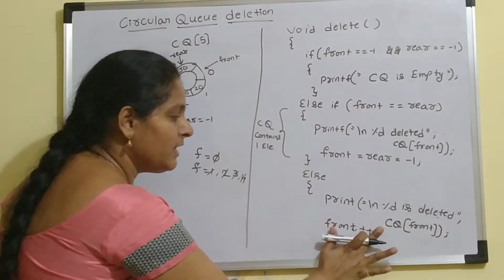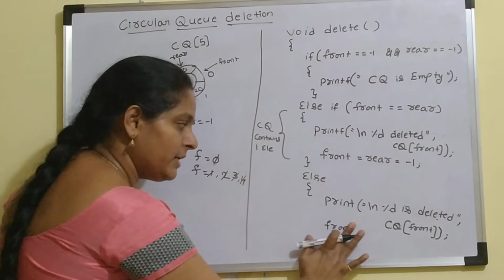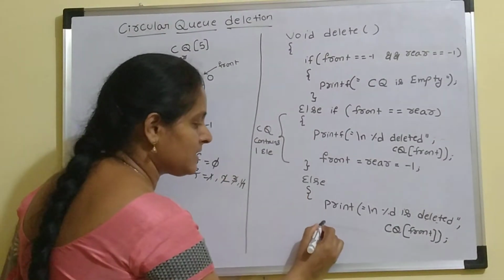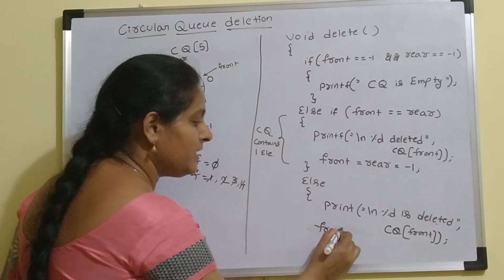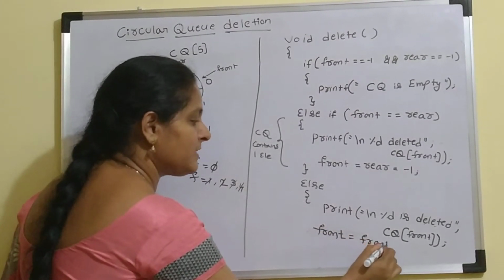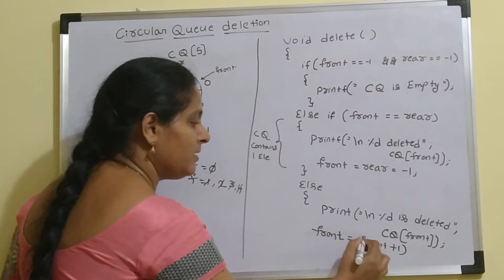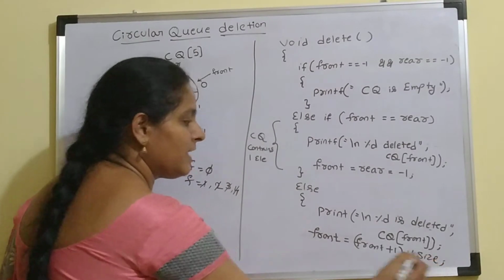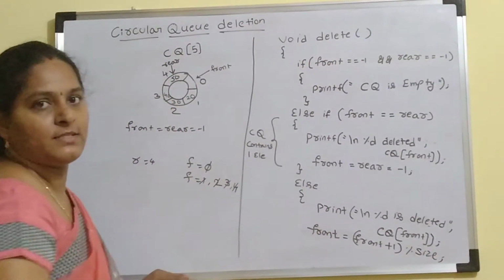That is the reason why I am modifying the same statement, assigning front as (front + 1) mod size.